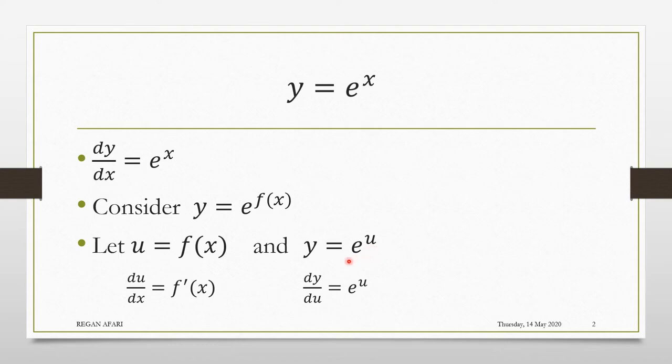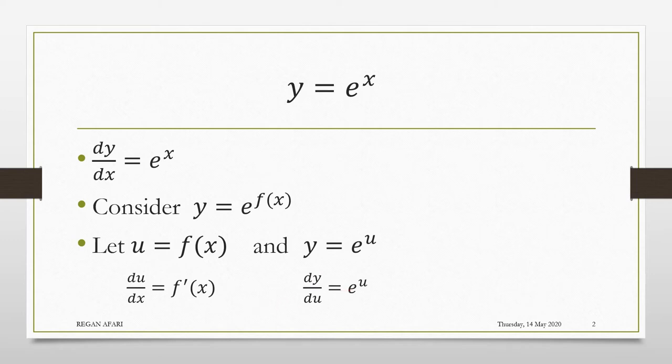But remember that when you differentiate e raised to the power x, you get e raised to the power x. So when you differentiate e raised to the power u, you will get e raised to the power u, okay? But remember that we are differentiating y with respect to u, so that will be dy/du, okay? Keep this in mind.